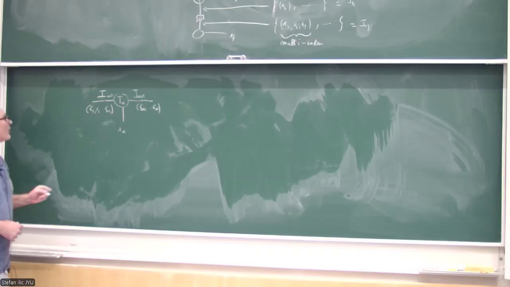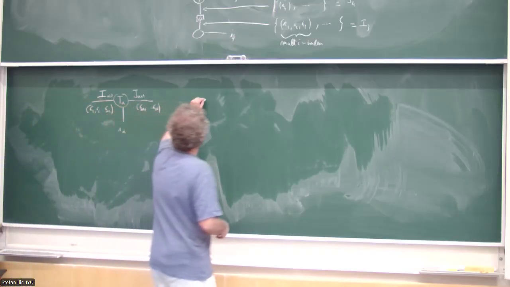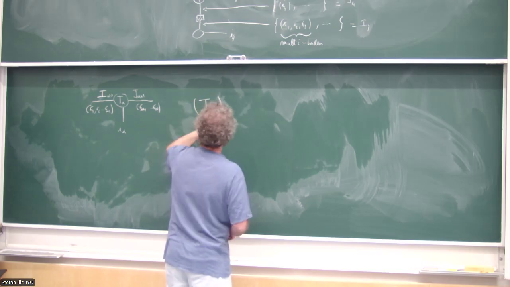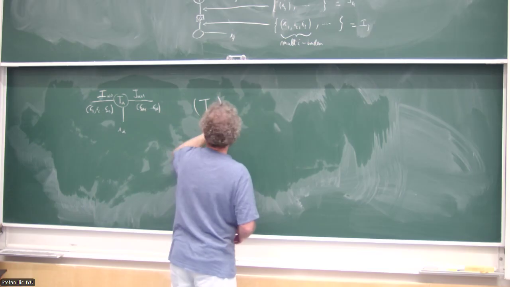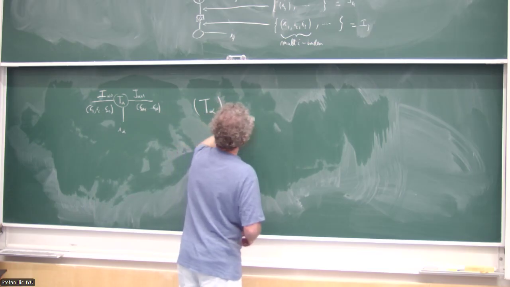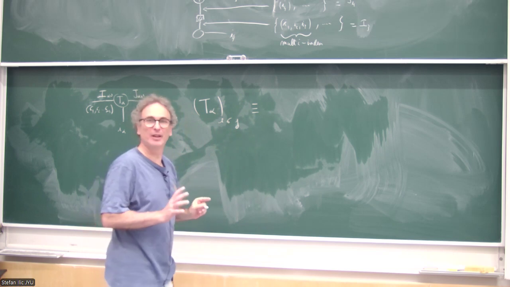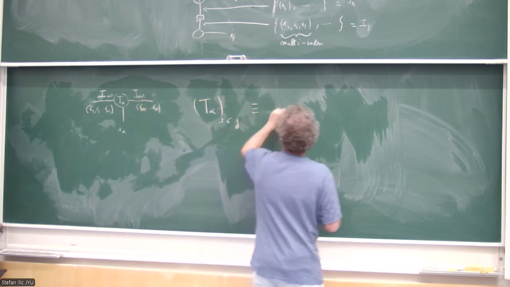Now T alpha index I sigma j is going to look a bit obscure, but essentially it is my function.